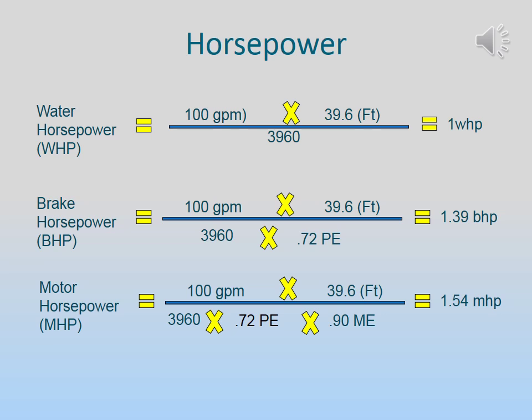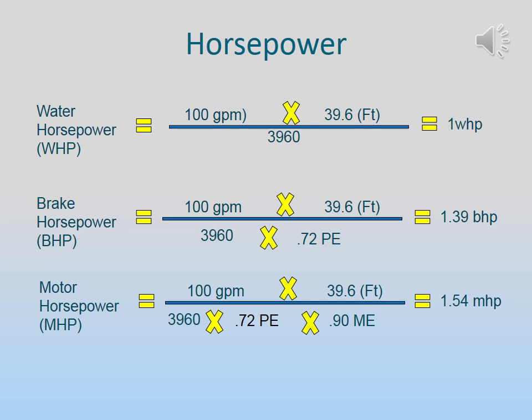In this slide, we are using the pictorial values we saw on a previous slide as an example of just how we determine horsepower. We substituted real numbers in the formula using 100 gallons per minute and 39.6 feet of head as our criteria. Under these conditions, the result equals 1 water horsepower or 1 WHP.